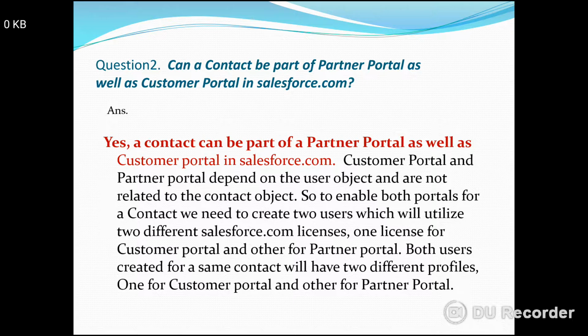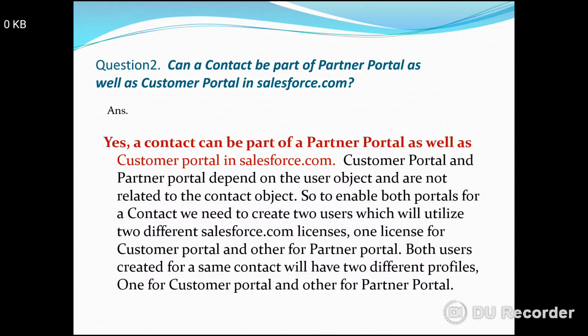To enable both portals for a contact, we need to create two users which will utilize two different salesforce.com licenses, one license for the customer portal and the other for the partner portal. Both users are created for the same contact. They will have two different profiles, one for the customer portal and another for the partner portal.